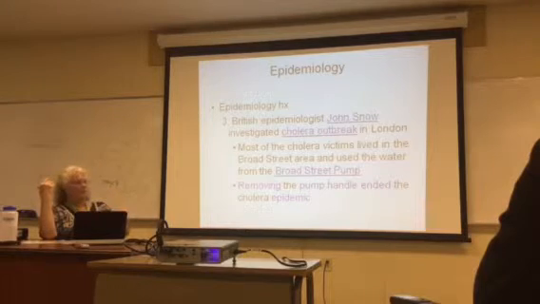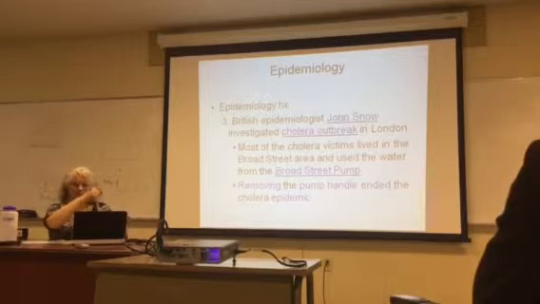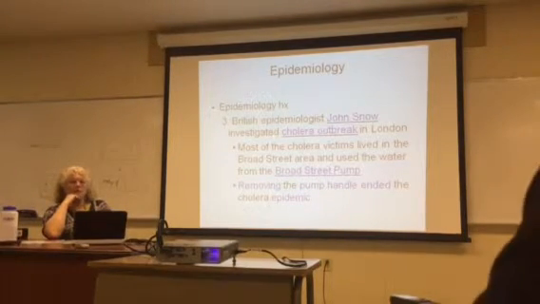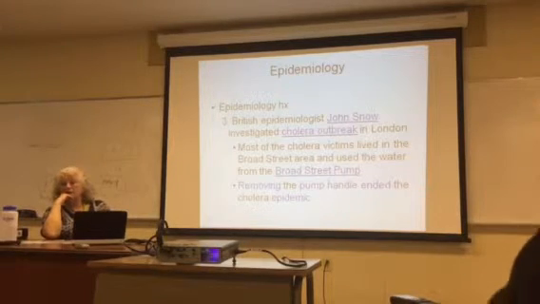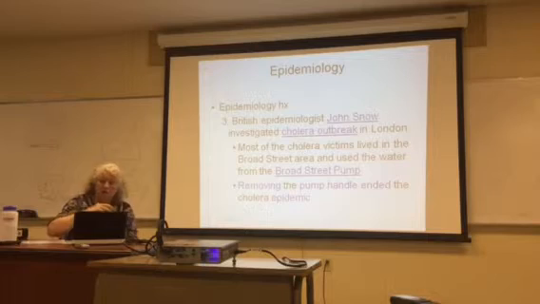He noticed that most of the people were using the Broad Street pump. At that time you'd go to a central area, since you didn't have running water in your house, and pump the water that you were going to use and take it home. So he took the handle off the pump, and nobody could get the water, and that ended the cholera epidemic.